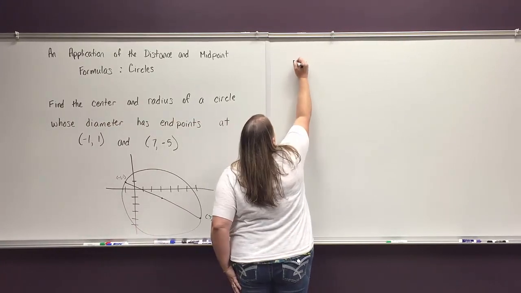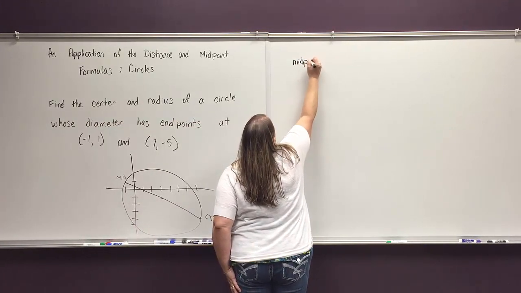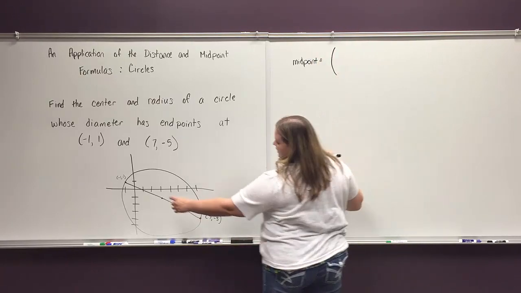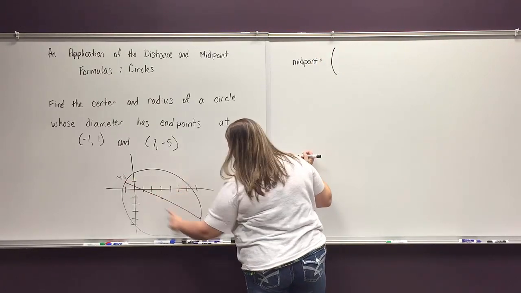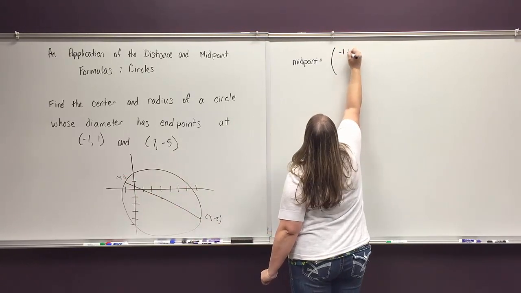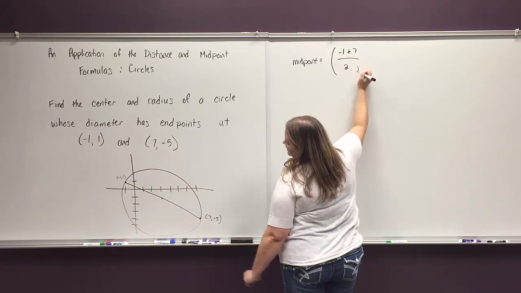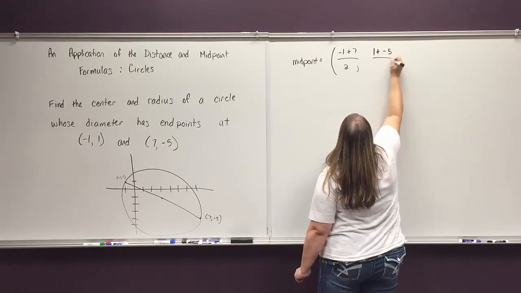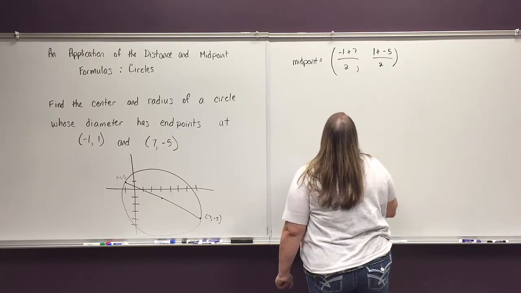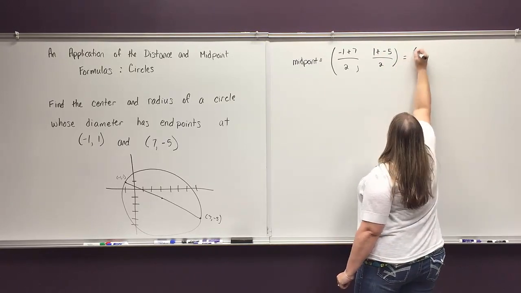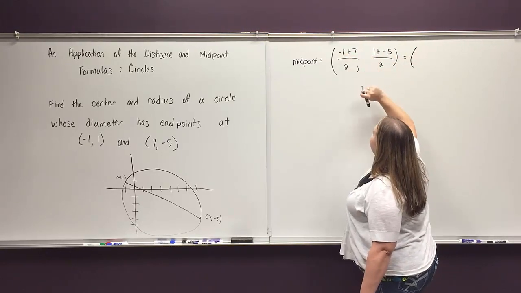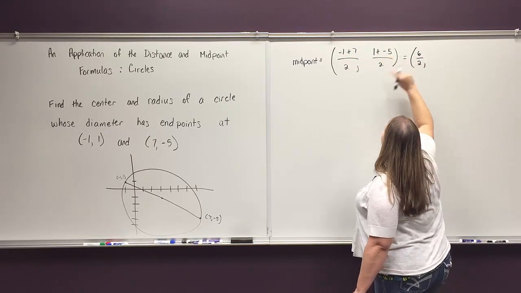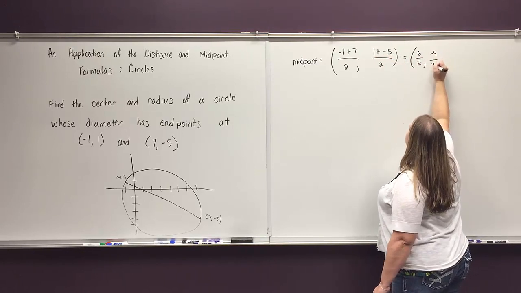And so we can use our midpoint formula. The midpoint formula allowed us to find the x-coordinate by averaging these x's. So -1 plus 7 divided by 2, and 1 plus -5 for the y's divided by 2, which gets us -1 plus 7 is 6 over 2, 1 plus -5 is -4 over 2.